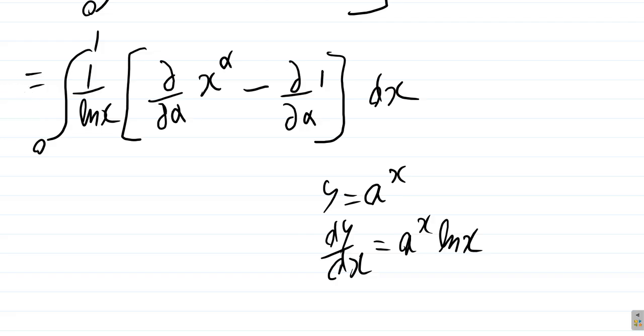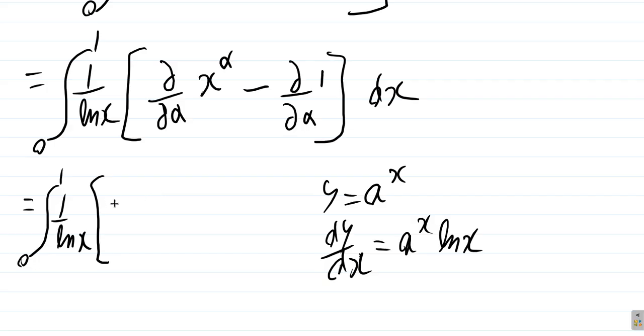So, in this case, you have the integral from 0 to 1 of 1 over ln x times the derivative. Now remember, you're differentiating with respect to alpha, just like how you're differentiating this with respect to x. Alpha is in the power. It's something raised to the alpha. This is something raised to the x. So it's a similar argument.